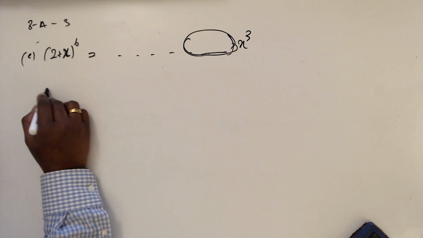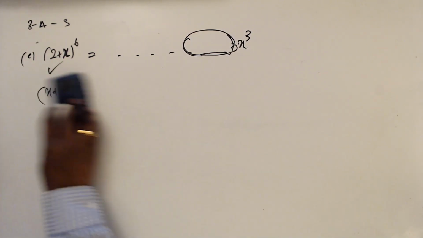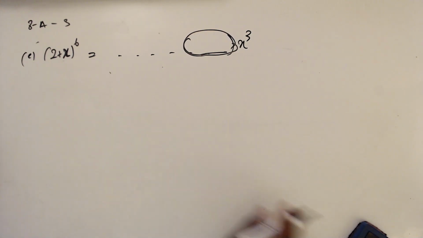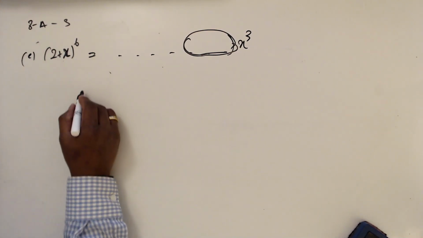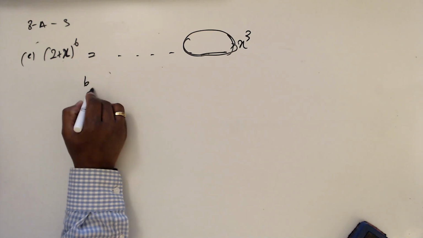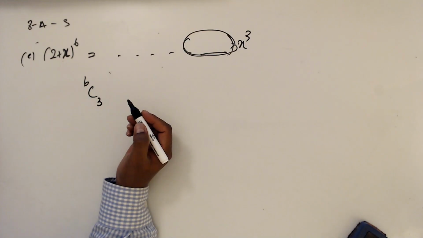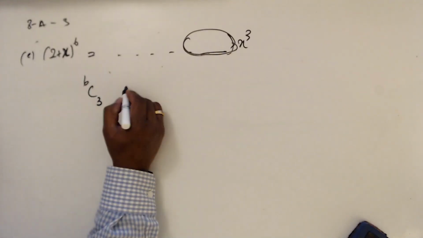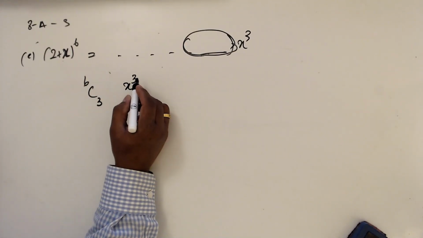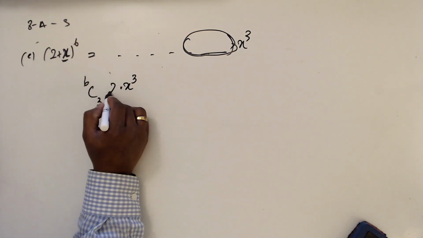First of all, write it in the right form, not x plus 2, but 2 plus x. Then I can write 6c, I need 3, then x to the power 3, whatever this term, times the other term 2.